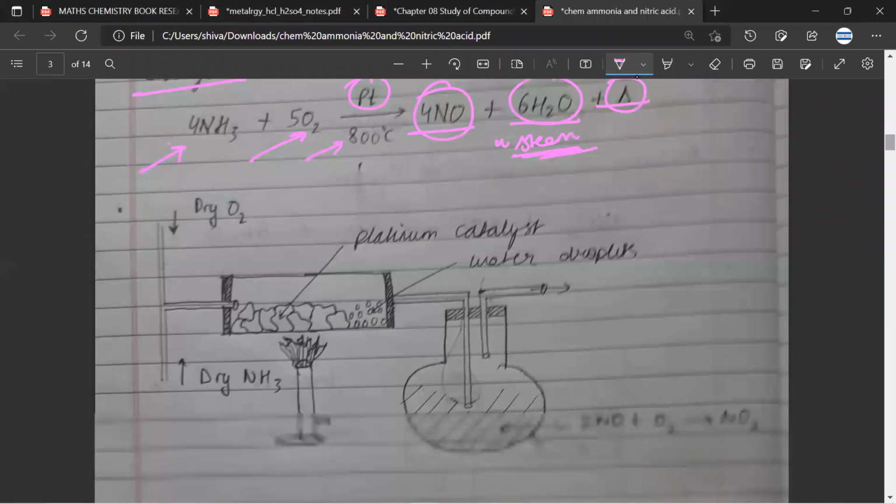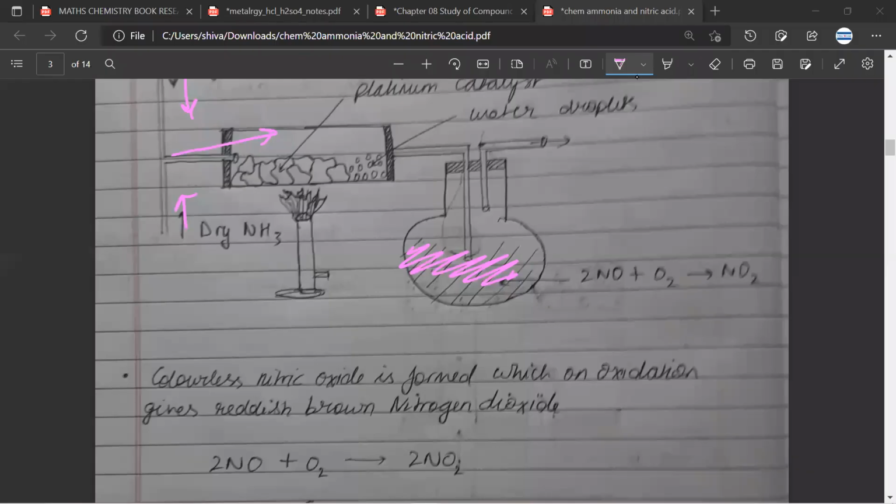Okay, now let's look at the figure. You have dry oxygen and dry ammonia going inside this tube which contains the platinum catalyst, there's a reaction, and then finally nitric oxide is produced, colorless nitric oxide. So please note the colors of these substances.